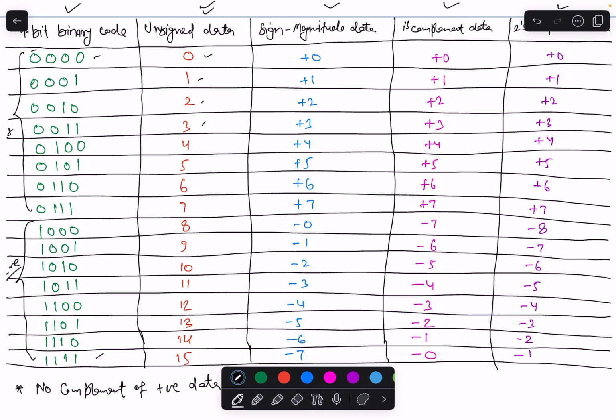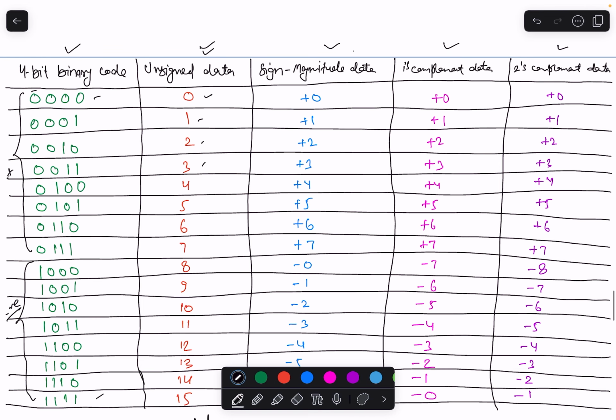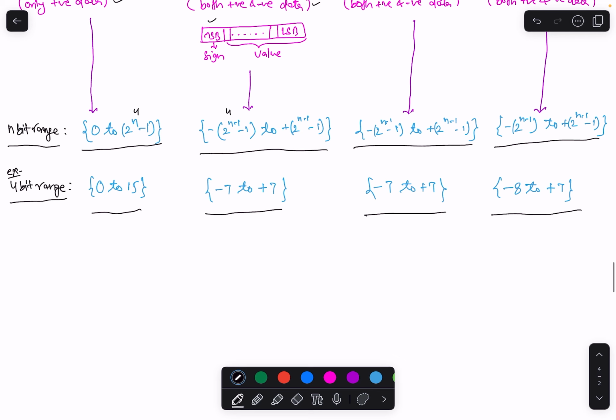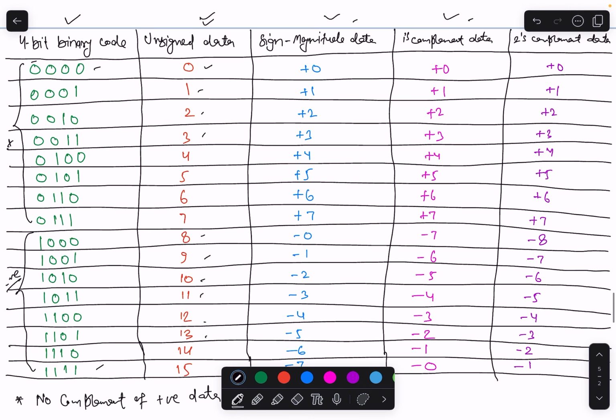These are negative numbers only in sign magnitude, ones complement and two's complement, because these formats can represent negative numbers, but these are positive in unsigned as well. So everything is positive in unsigned, 0 to 15. So here we saw that for the 4-bit range we have 0 to 15; it is coming from here. In the 4-bit binary code we can represent 0 to 15 in the unsigned data.